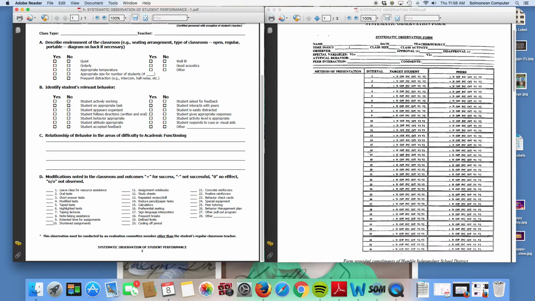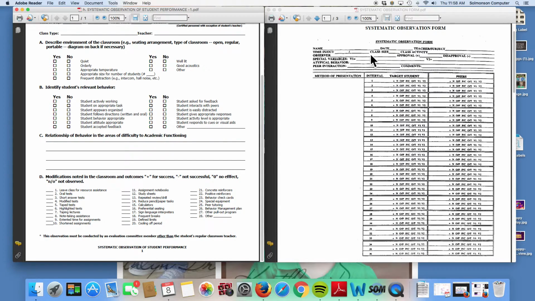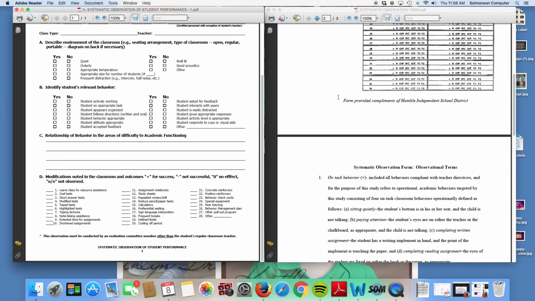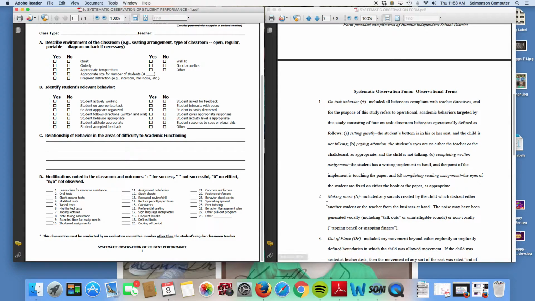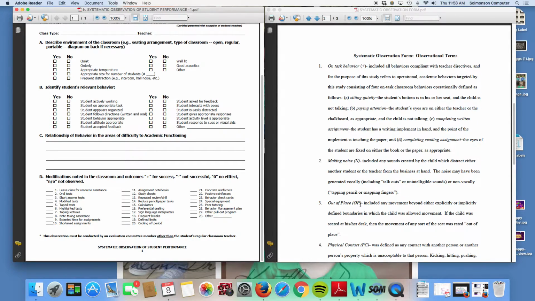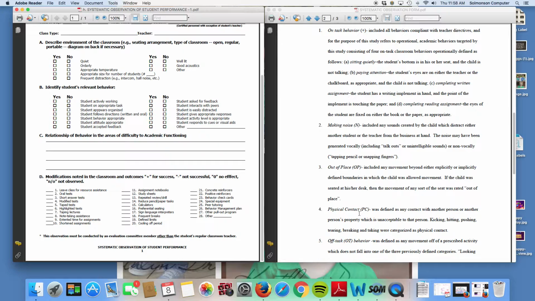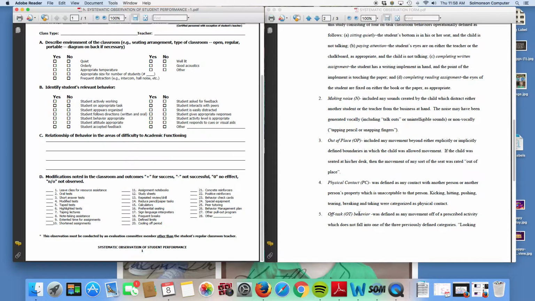So the systematic observation form, again, this stuff up here is pretty self-explanatory. When you go in, let's look at this first. A 1 is on-task behavior. 2 is making noise. 3 is out of place. 4 is physical contact, or making contact with another person or a person's property.